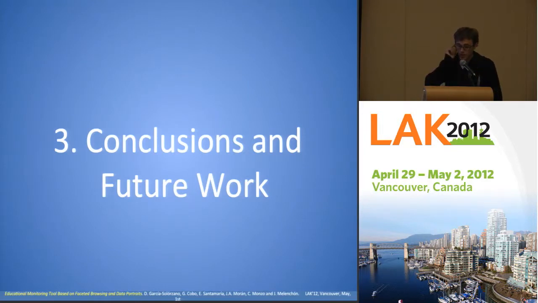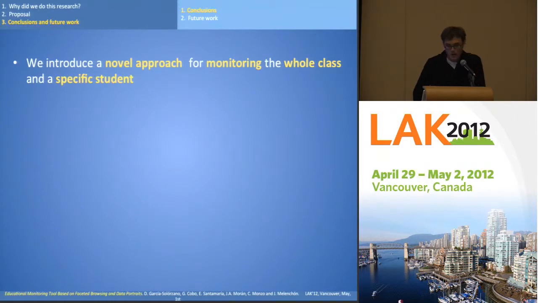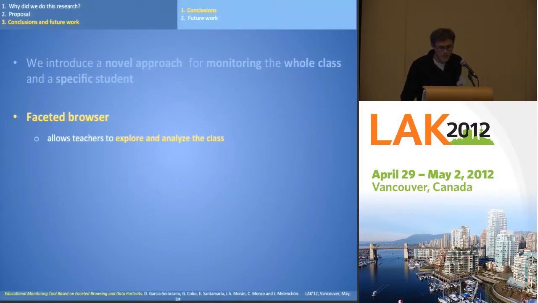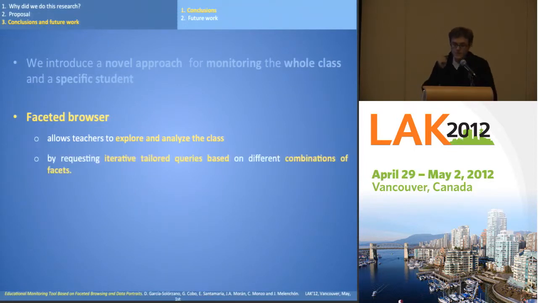So, conclusions and future work. We introduced another approach for monitoring the whole class, the faceted browsing, and for a specific student, the data portrait. The faceted browser allows teachers to explore and analyze the whole class by requesting interactive tailored queries based on different combinations of the values of the facets.